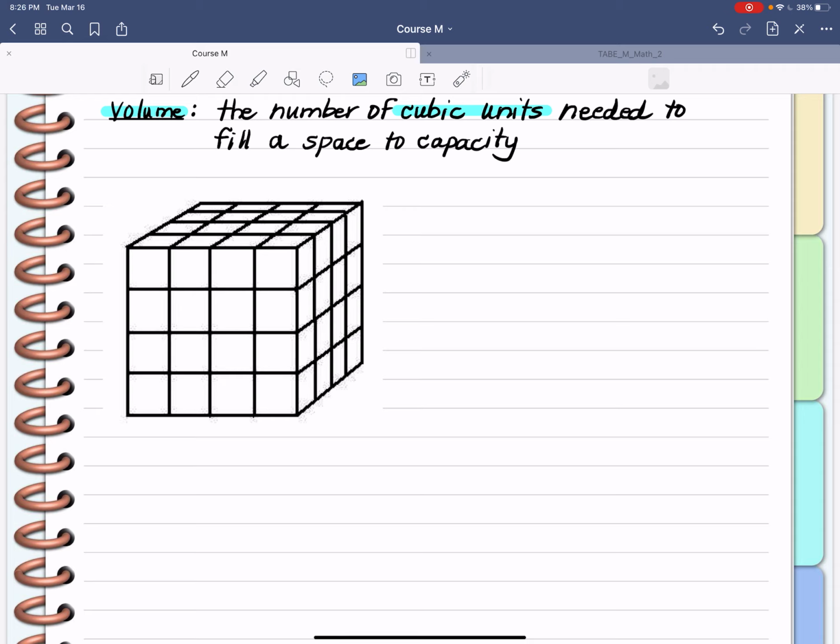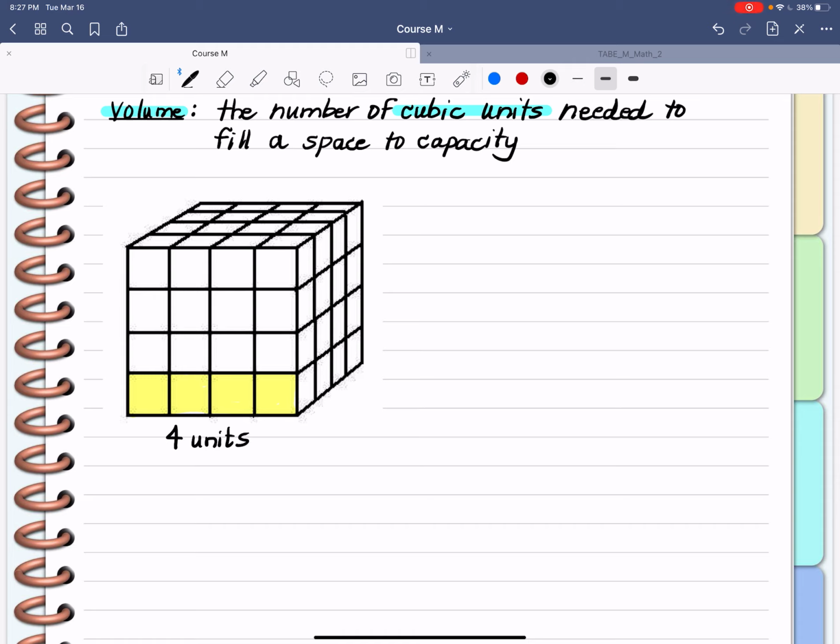But let's study this shape for just a second. Let's look at its length. How long is this big cube? It's 4 units. Let me not put it in there. I thought that would be smart, but not so.